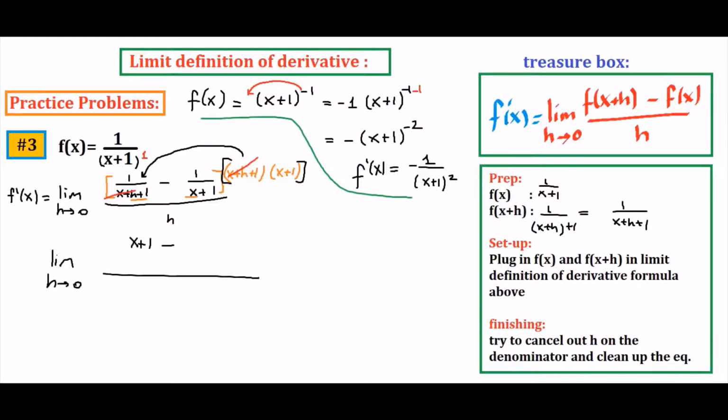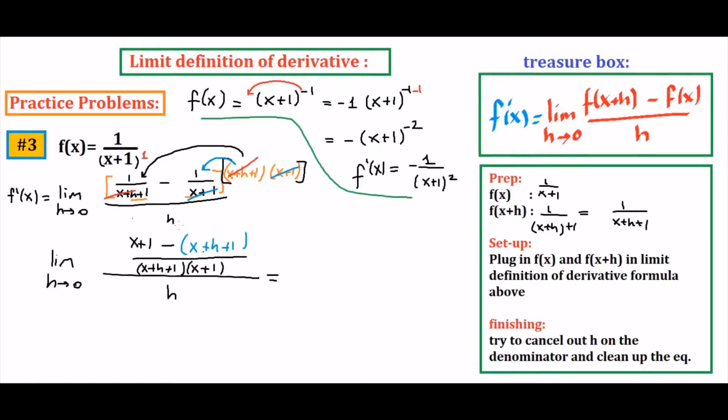And from the second fraction, if we multiply again the second fraction by the common denominator, this time x plus 1 cancels x plus 1, and we multiply x plus h plus 1 by 1, so that is x plus h plus 1, and all over the common denominator, which is x plus h plus 1 times x plus 1, and everything is over h.